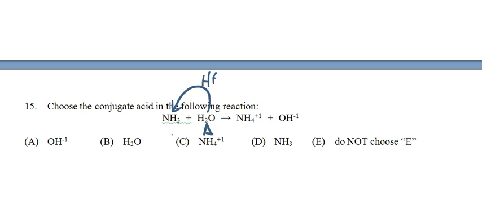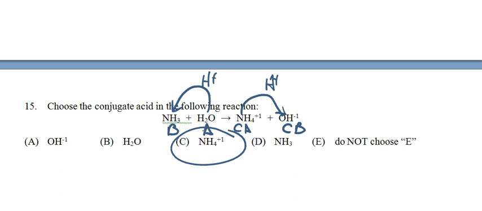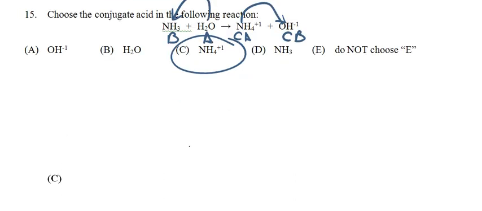So this is acting like my acid, that is acting like my base. To get the NH4 back to NH3, it has to give a hydrogen away. So this is my conjugate acid, and that's my conjugate base. So choose the conjugate acid, NH4. Okay, and remember, conjugates are always on the product side. So letter C.